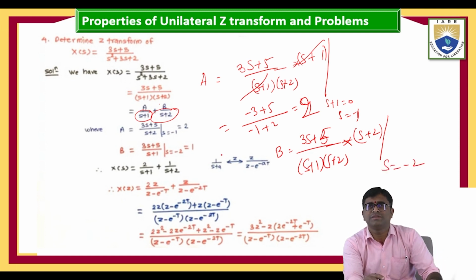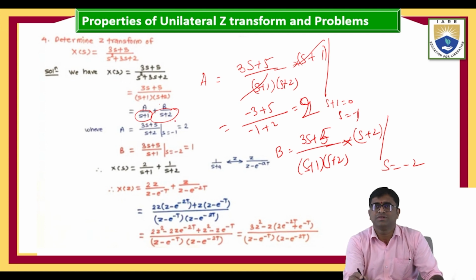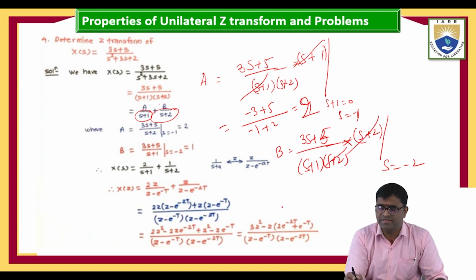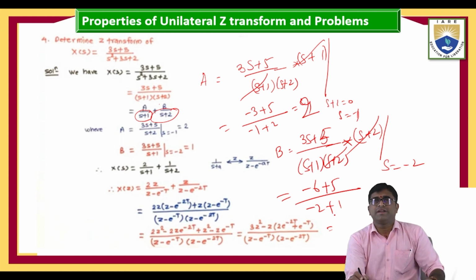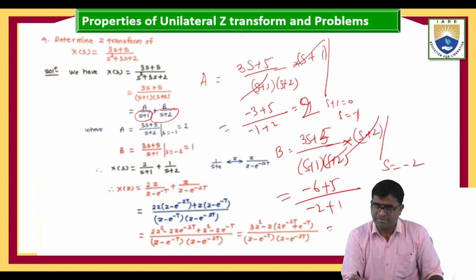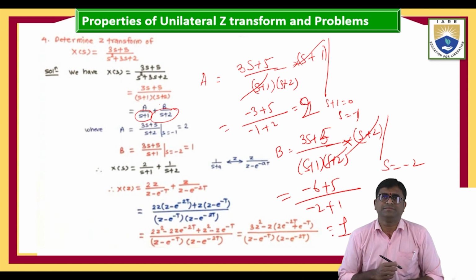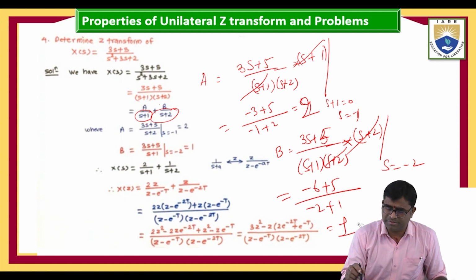So this one is cancelled. s equal to minus 2 gives minus 6 plus 5 by minus 2 plus 1, that is minus 1 by minus 1. So we are getting 1. So this is the partial fraction method, the simple way.